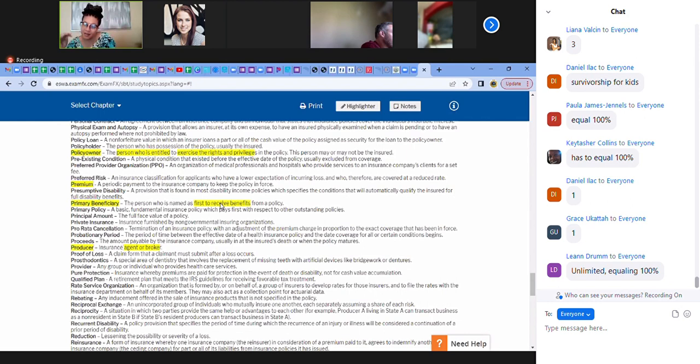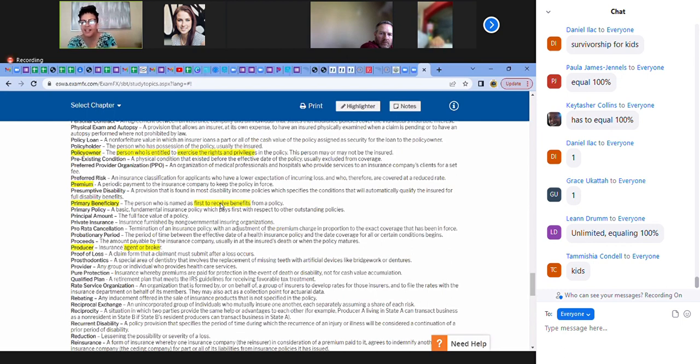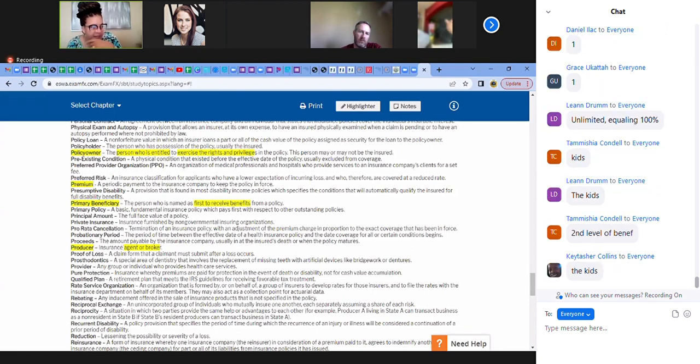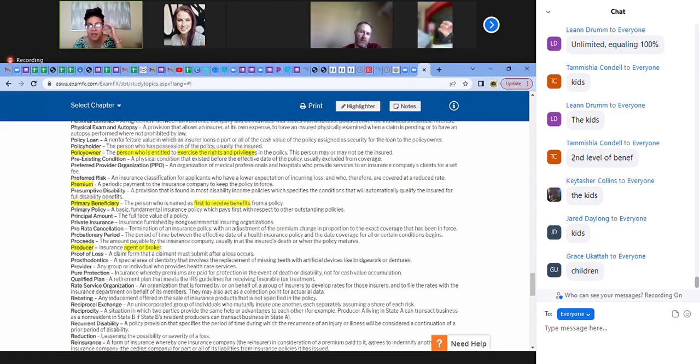Then she passes away. Who receives the proceeds? Let's see. Husband is 100% on the plan. He passes away first. Then the insured passes away. Who receives the proceeds? Who is now the beneficiary? I see kids. I see second level of benefit, but she didn't put anybody else down.